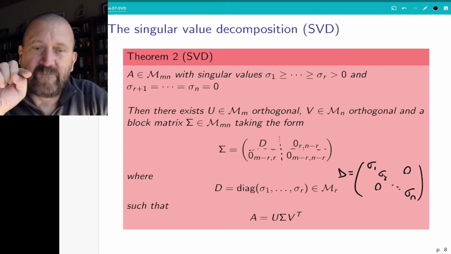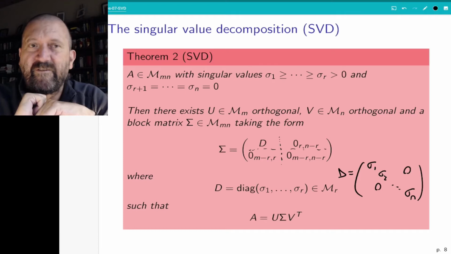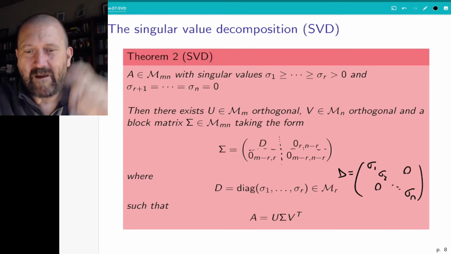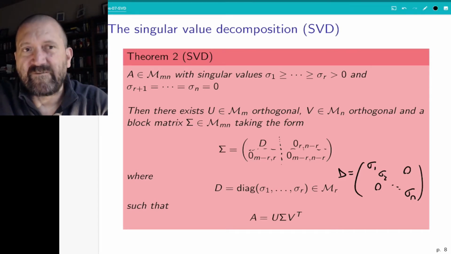So that first block here on the top left is a square matrix with r rows and r columns. The other blocks are just blocks of 0.